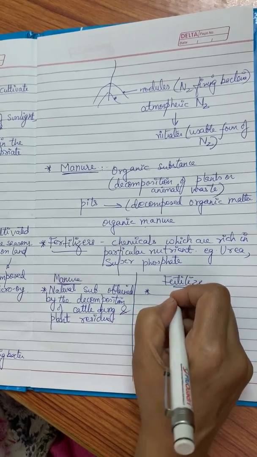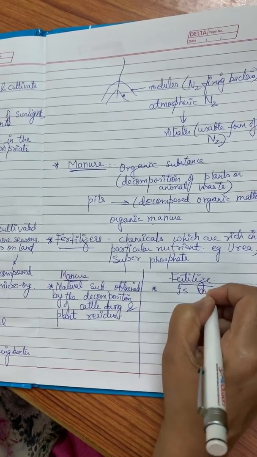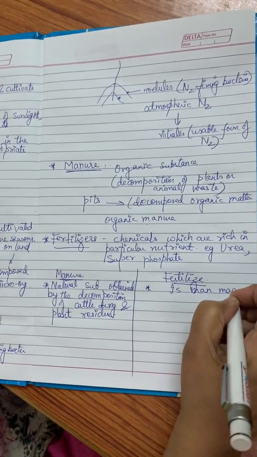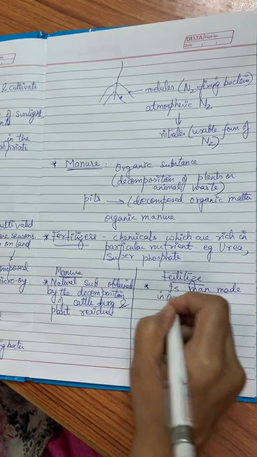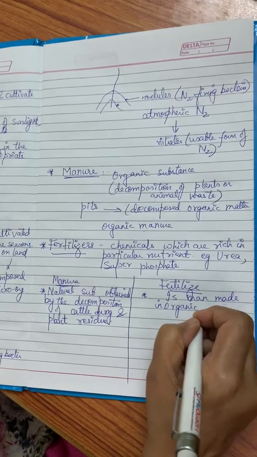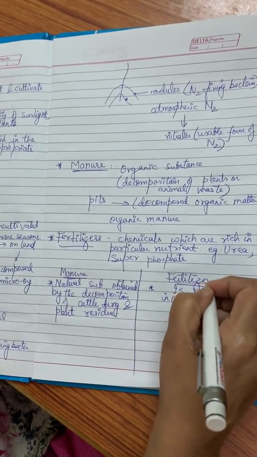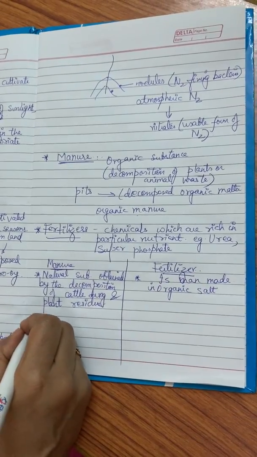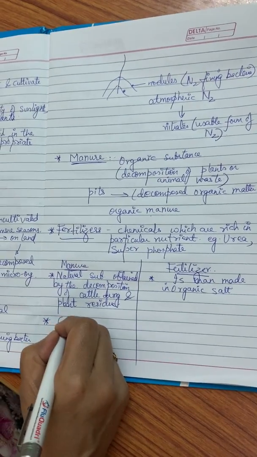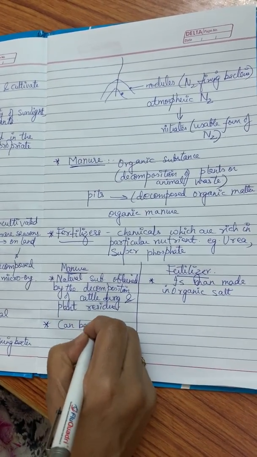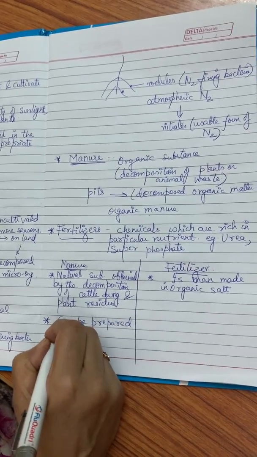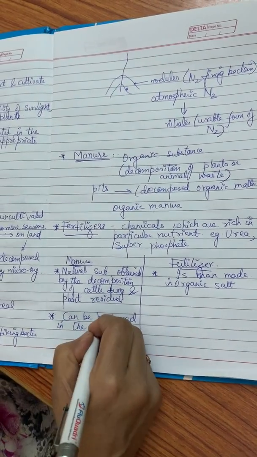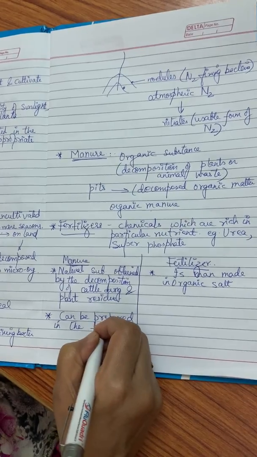Whereas fertilizer is a man-made inorganic salt. Manure can be prepared in the fields.